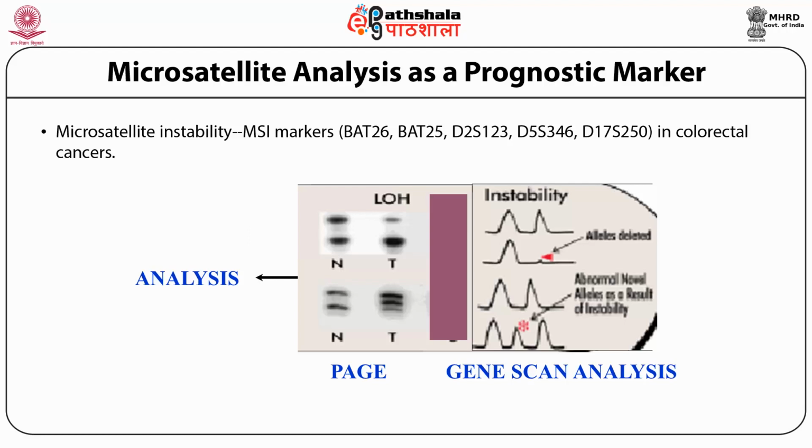Several studies demonstrate that patients with high microsatellite instability status respond better to surgery alone rather than chemotherapy and surgery together. Thus, microsatellite instability analysis helps in delineating patients who can undergo surgery directly without experiencing chemotherapy. Hence, a prognostic value to MSI.